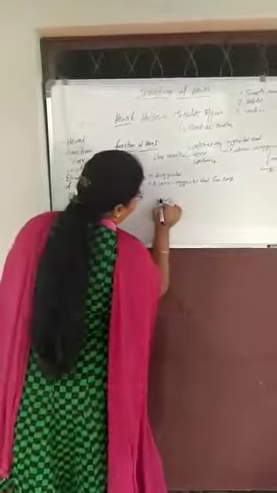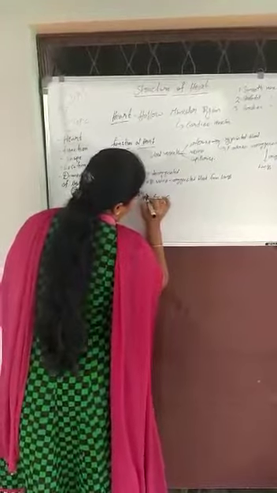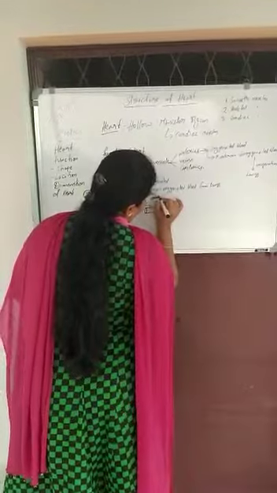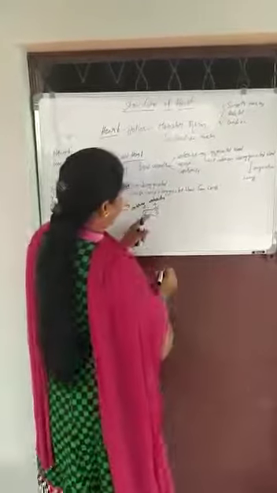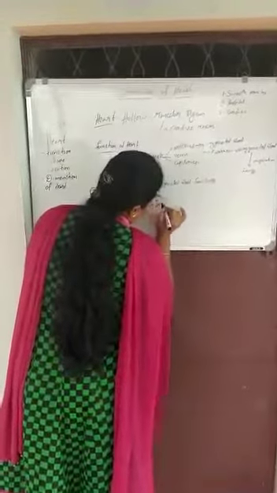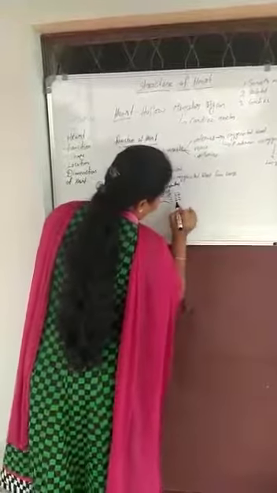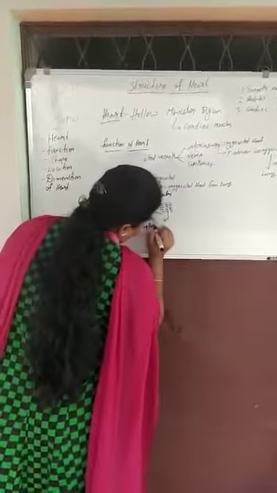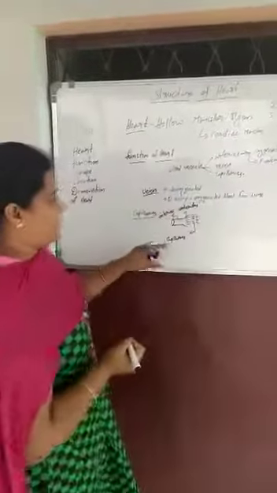The arteries are divided into arterioles, and these arterioles end with the capillaries. These are the capillaries.